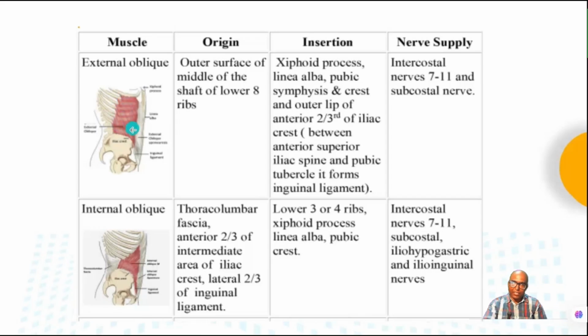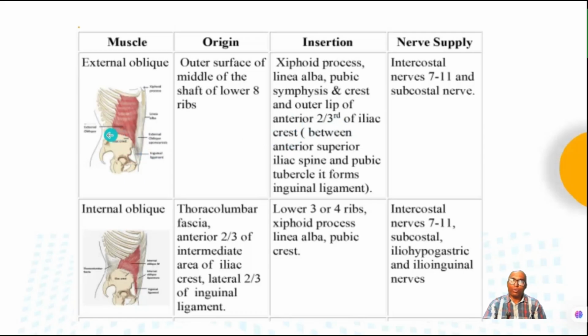It is coming from above downwards, downwards, forwards and medially. Sometimes they can ask you how the fibers of the external oblique go: downwards, forwards and medially. It is inserted into the xiphoid process, linea alba, down to the pubic symphysis, pubic crest, and outer lip of the anterior two-thirds of the iliac crest.